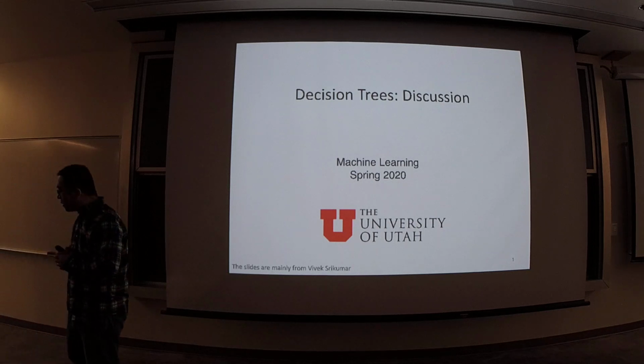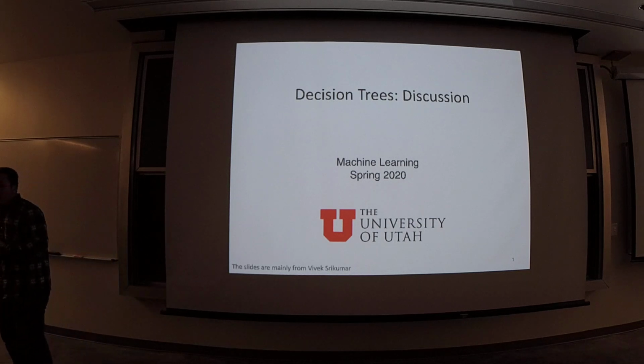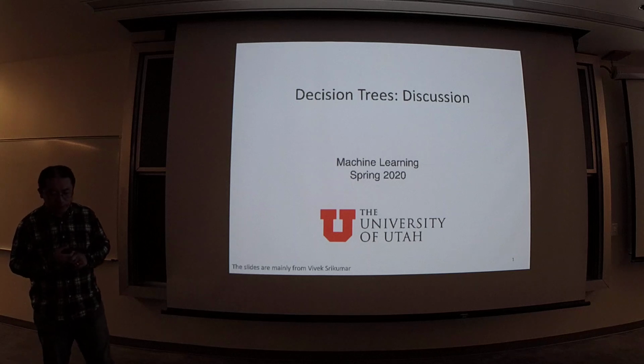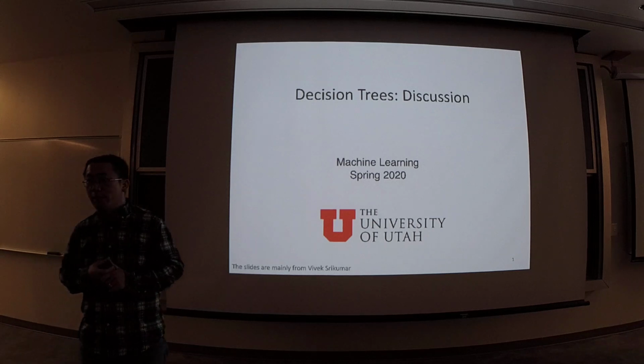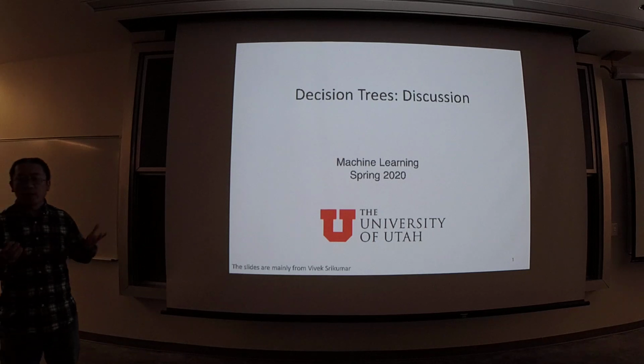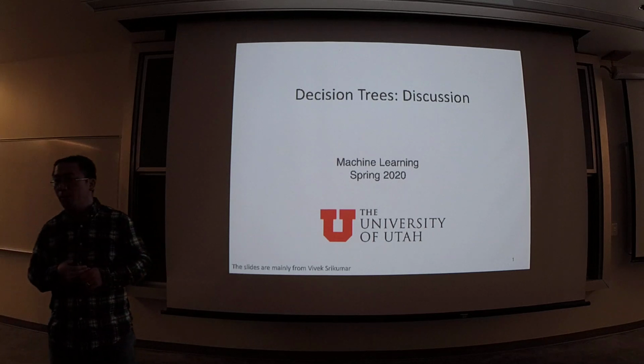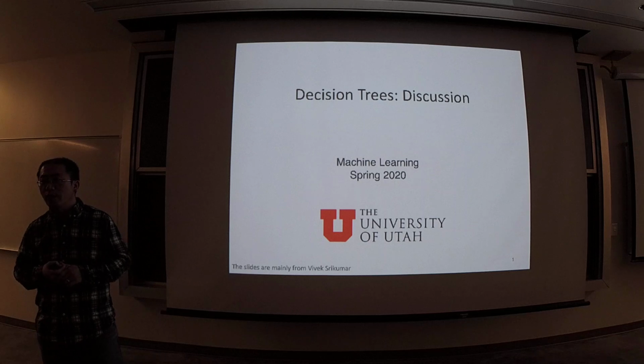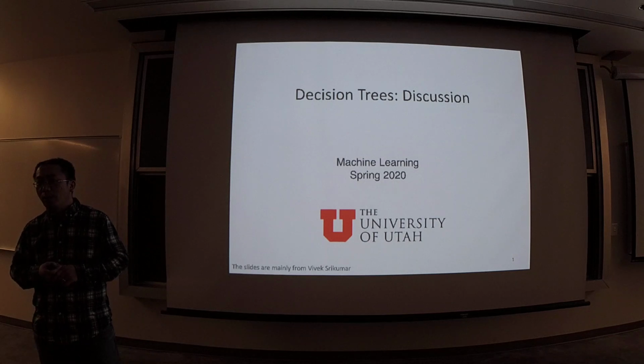Okay, so let us continue with decision trees. In the last lecture, we introduced the classical decision tree learning algorithm called ID3, right? ID3 is essentially a greedy heuristic algorithm. Every time we choose the best feature that splits the current data subset, and then use that feature to split the tree.